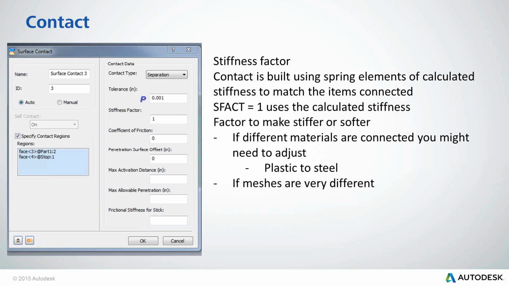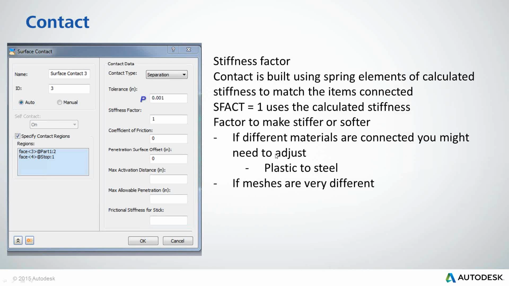A couple of slides here, three or four slides, talk about contact. If you set up a contact pair, you're going to see the surface contact screen, where you can set up some parameters, such as the stiffness factor. Contact is built using spring elements between the opposing surfaces that are going to be in contact. The stiffness factor by default is set to 1. It uses some calculated stiffness. If different materials are connected, it can be adjusted up or down.